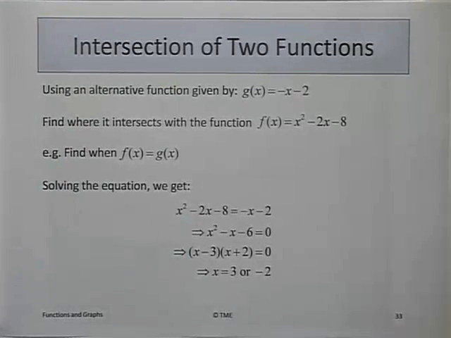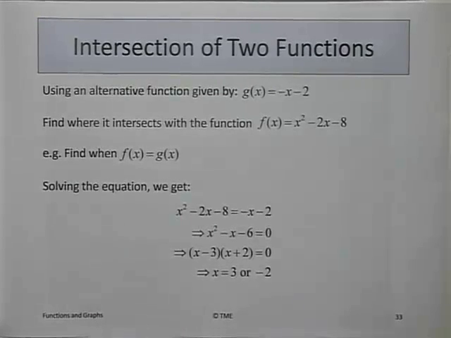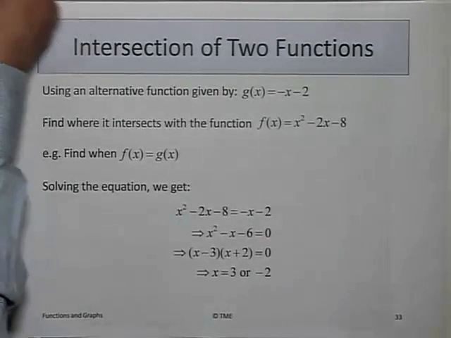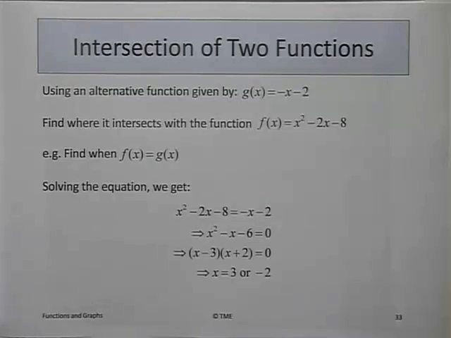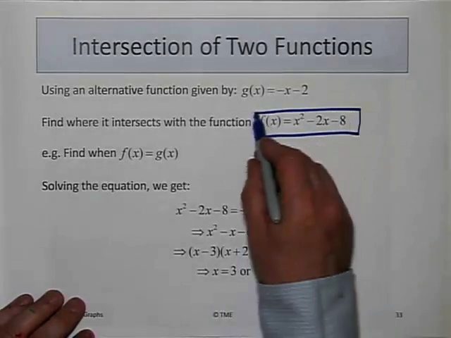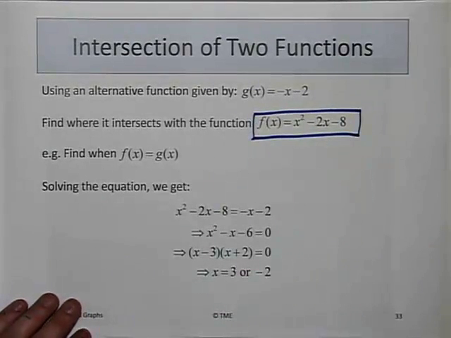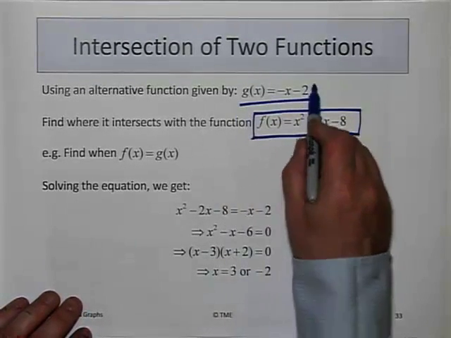Intersection of two functions. This is where they ask you to draw two things on the same graph, one function and then another, and they say, would you find out where the two functions cross? Now, they have promised, and they've specified in the syllabus, that if one function is quadratic, the other definitely will be linear.